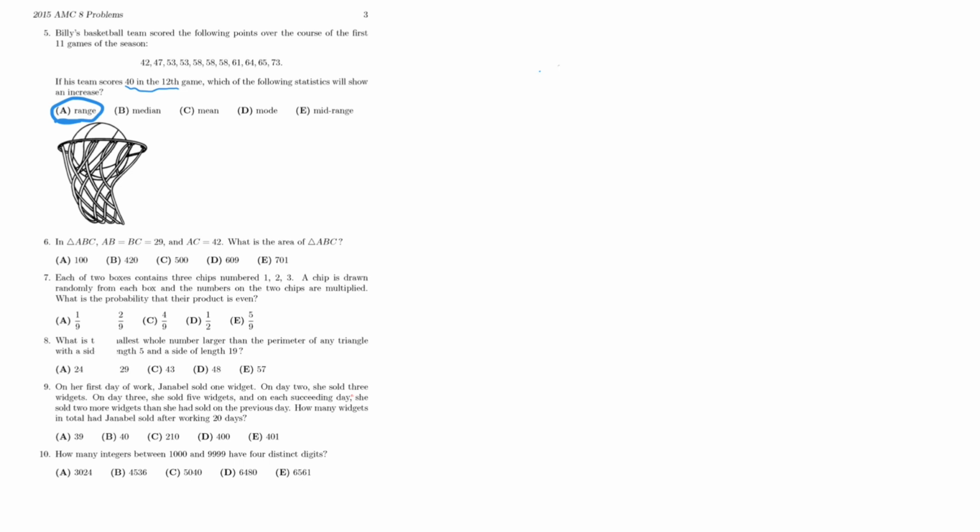Number 6. In triangle ABC, AB equals BC equals 29 and AC equals 42. What is the area of triangle ABC? This is an isosceles triangle. So AB equals BC equals 29, and AC equals 42.